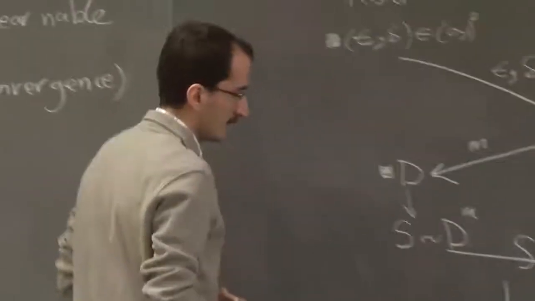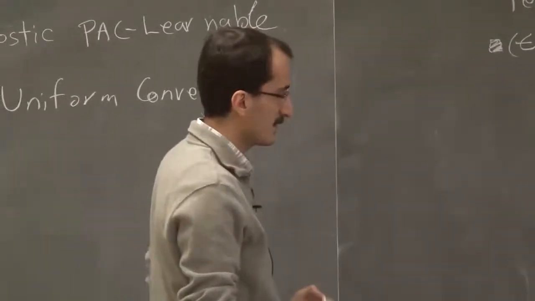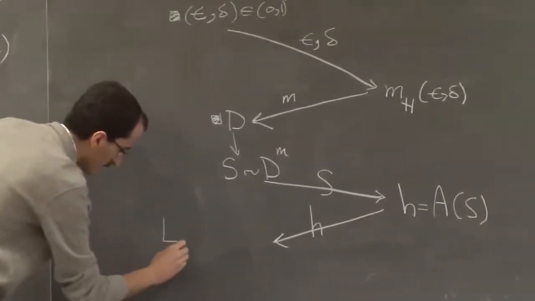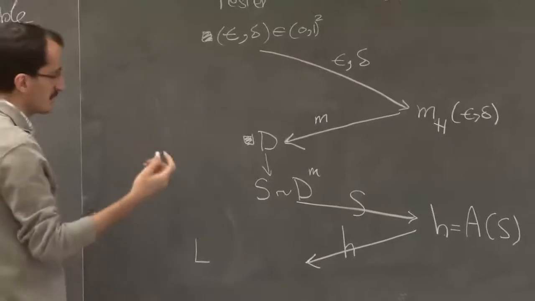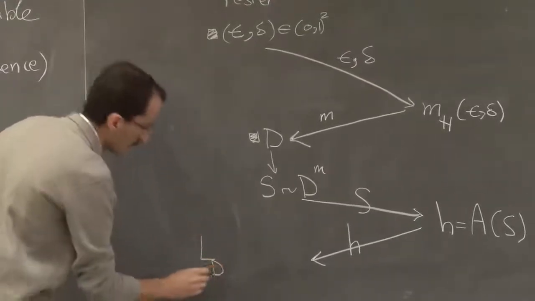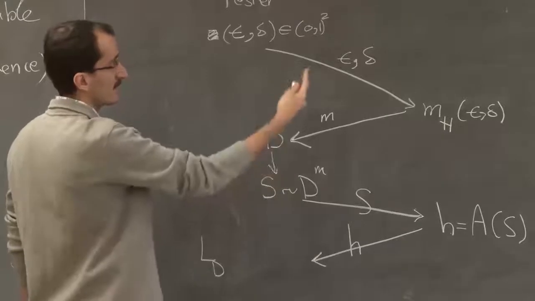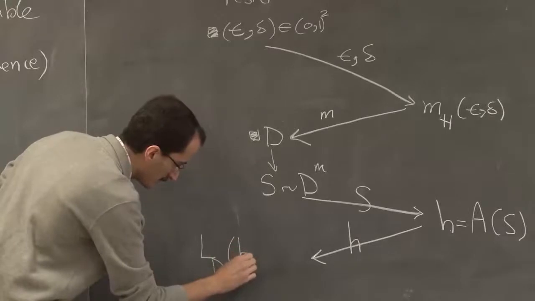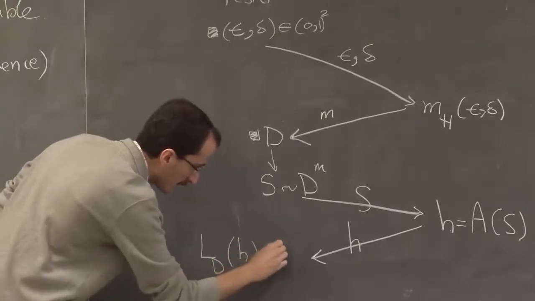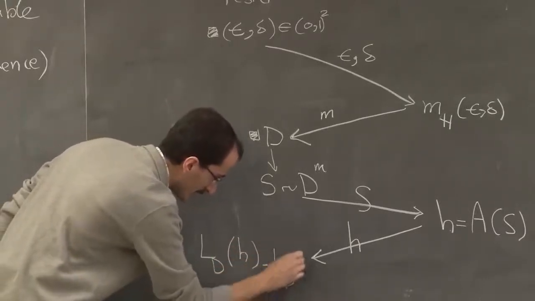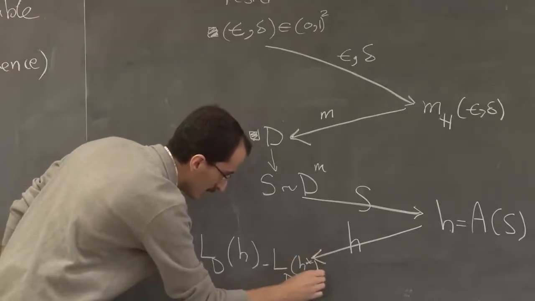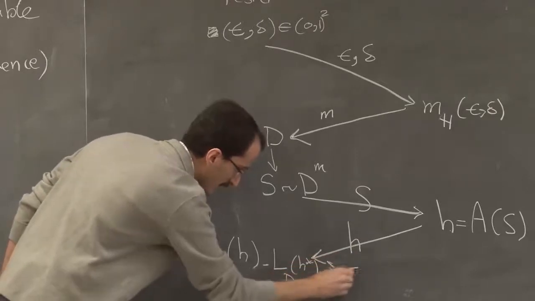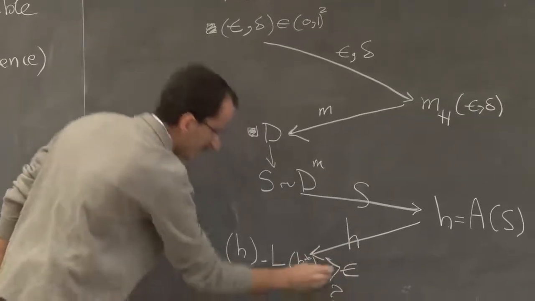And now the tester should test it. How can she test it? In the agnostic case, she compares it to the best hypothesis in the class. So LD of H minus LD of H star; the learner fails if it is larger than epsilon.